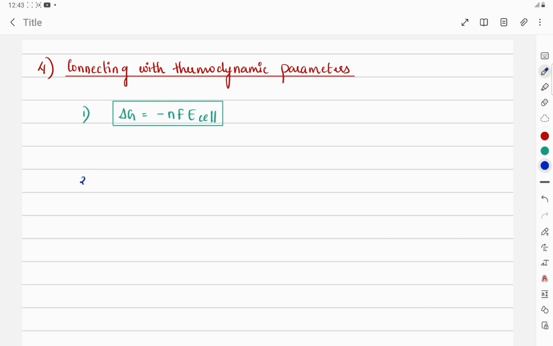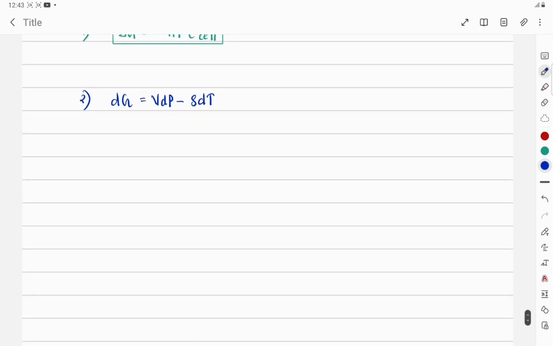So in second scenario, we need to find for delta S. So what is the relation connecting delta G and delta S, or dG and dS? We know from the basic equation dG is equal to V dP minus S dT. So if I want to relate G and S, all I have to do is try to cancel out this term. How is that possible? That is possible when dP is 0.